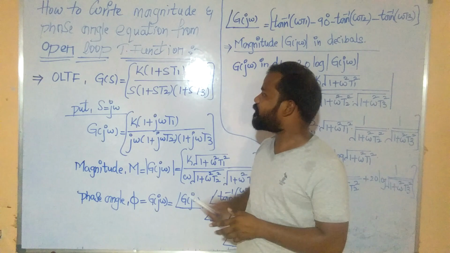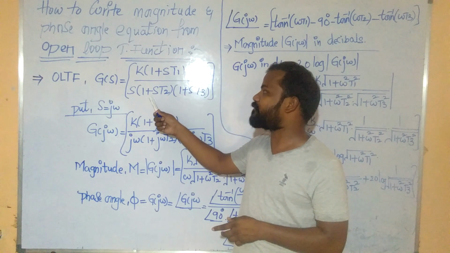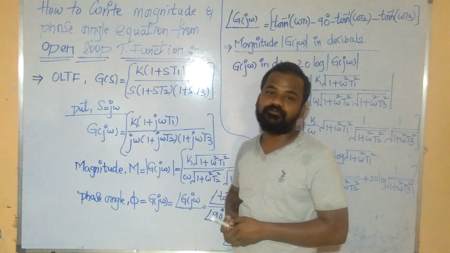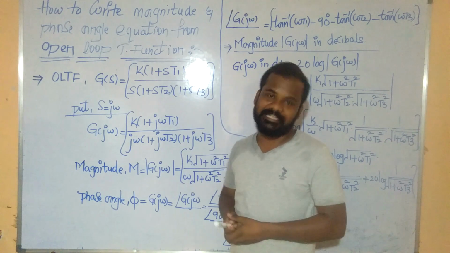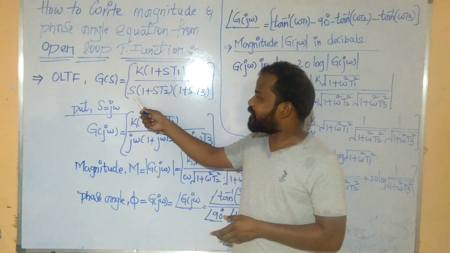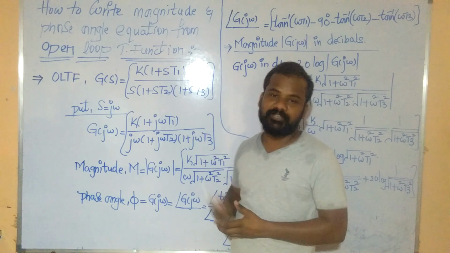Clear? Like that, we also find the magnitude for 1 plus s T2 and 1 plus s T3, substituting s equal to j omega.